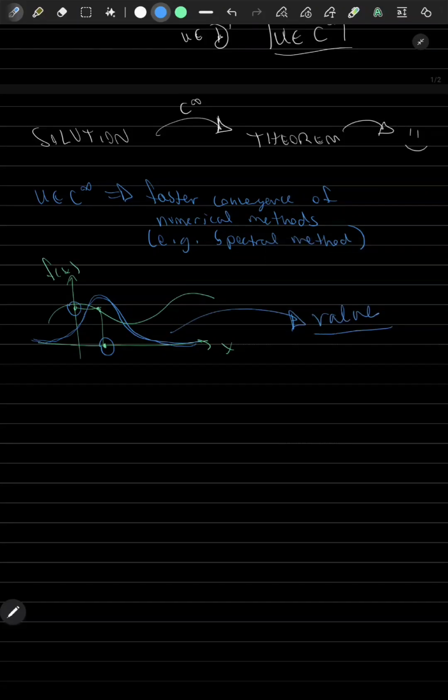And that value will correspond to a weighted average. This is very intuitive. You can think of it as a weighted average of the values of what would be the function according to your test function, which is this blue curve.